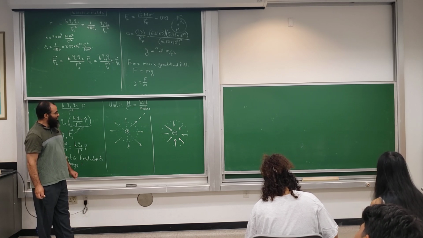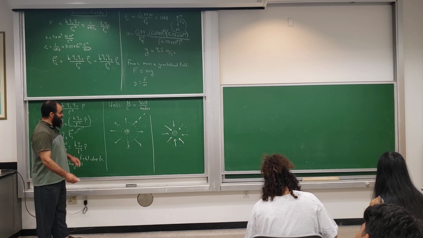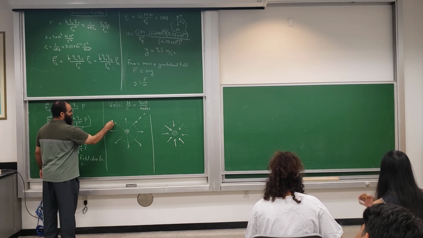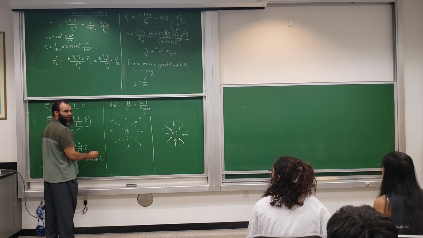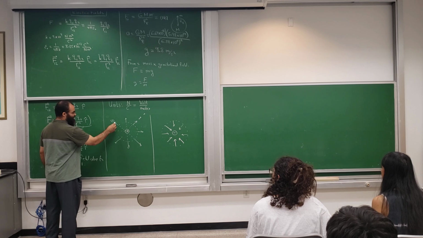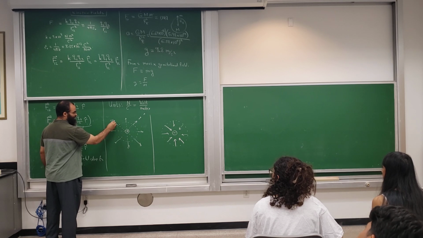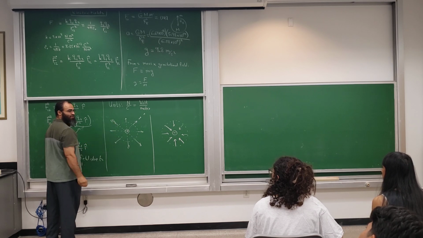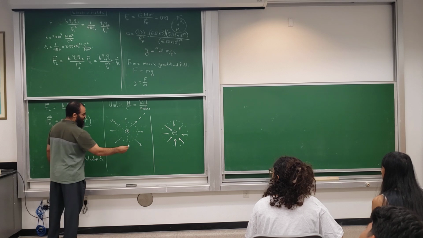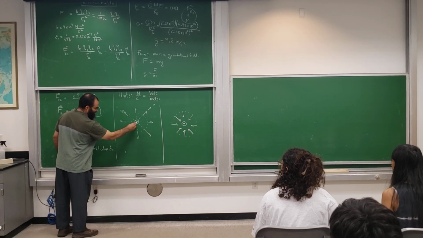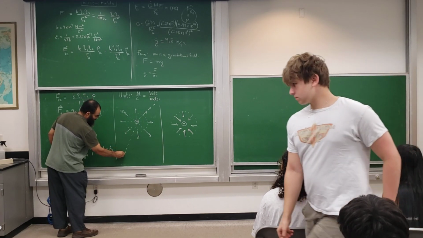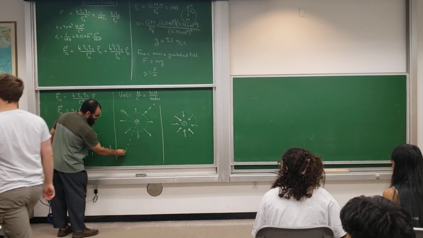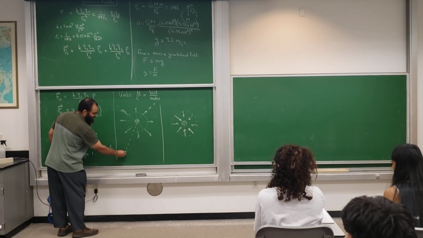So to answer your question, if I were to place a charge Q3 here, the force on it will be whatever the electric field is at this point times the charge. And if I were to place a fourth charge maybe here, the electric field would be in this direction, and the force is whatever this charge is times the electric field.